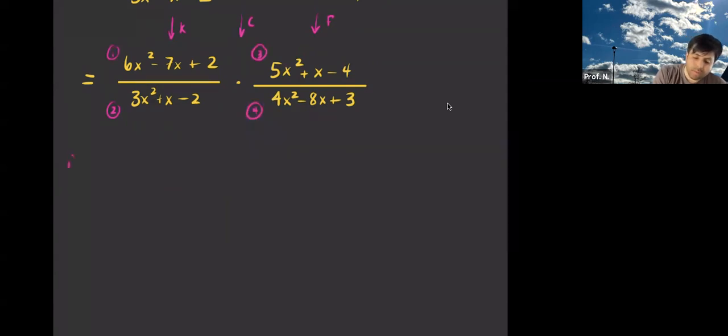So for number 1, how do we factor 6x squared minus 7x plus 2? So this is already good practice for your quiz. How do you factor this? Anybody?